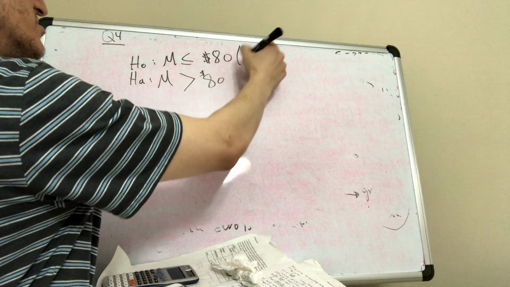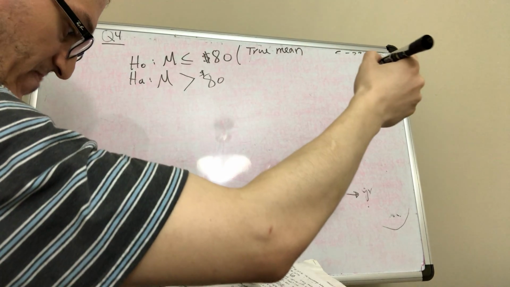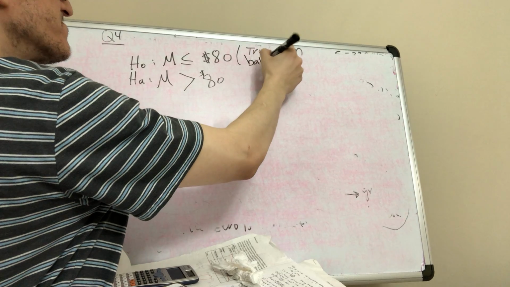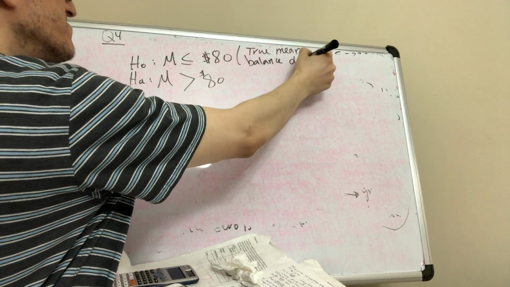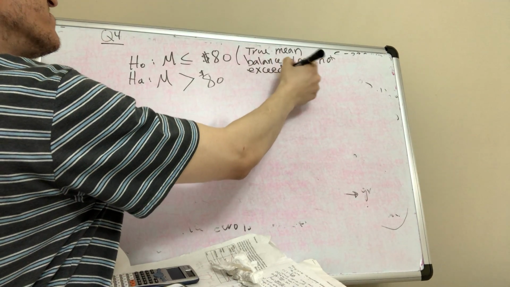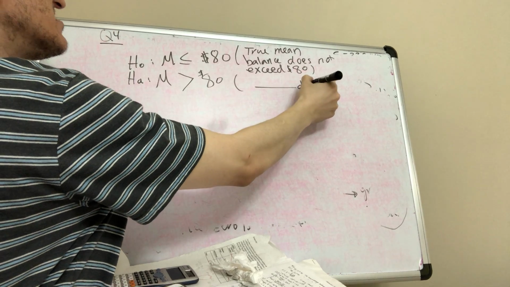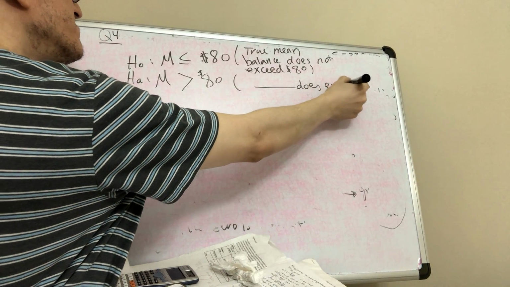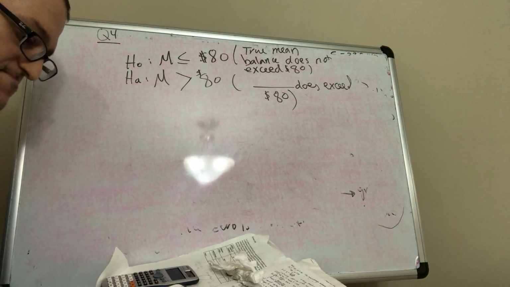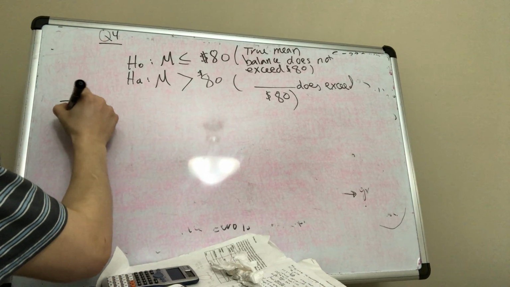So in English, H0: the true mean balance does not exceed $80, and HA: the true mean balance does exceed $80. Test.